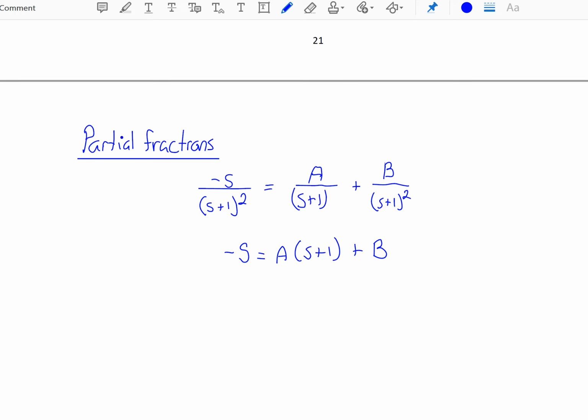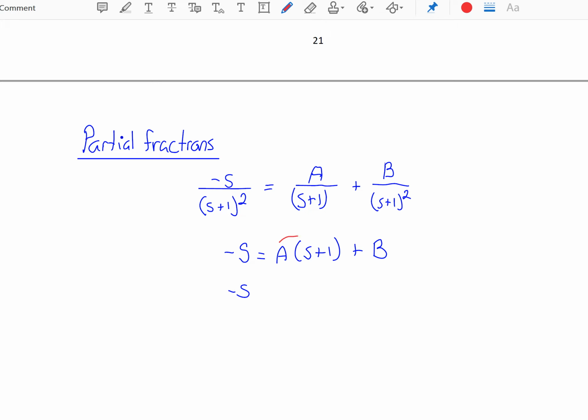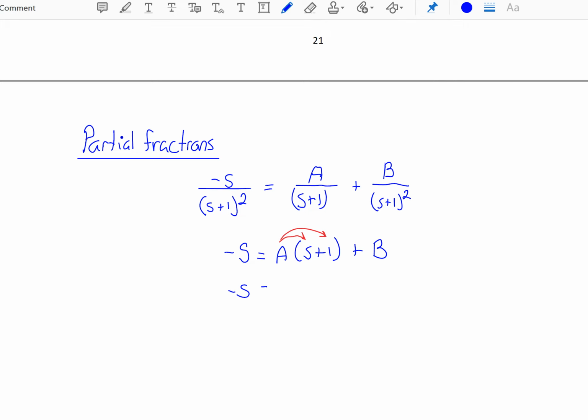But my choice is going to be, like our last example, to multiply the right-hand side out so I can compare coefficients. In which case we'll get negative s, and if I distribute a, we'll get as plus a plus b.